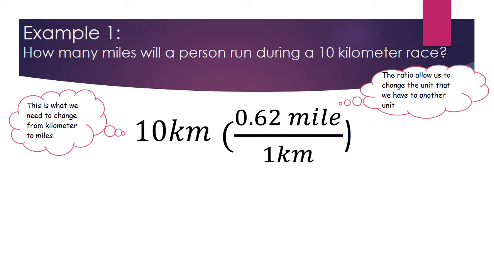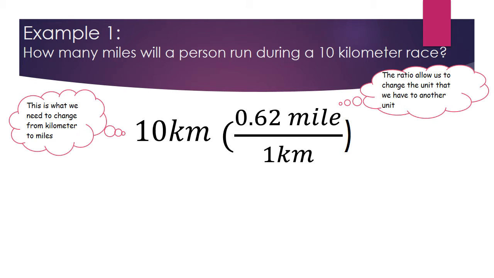Going back to our problem, we can write down the ratio by making sure that the bottom part of the ratio, or the denominator, includes the same unit that we have at the top. That means that the bottom of the ratio should include kilometer, and the other piece of information from the reference sheet is going to be at the top of the ratio.